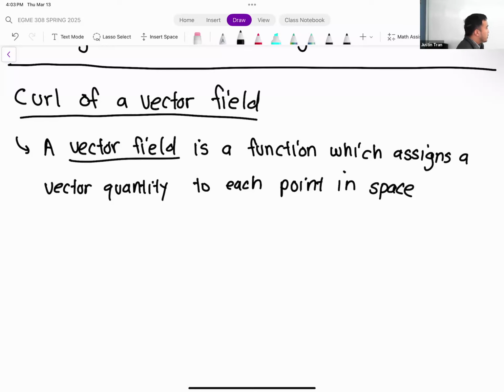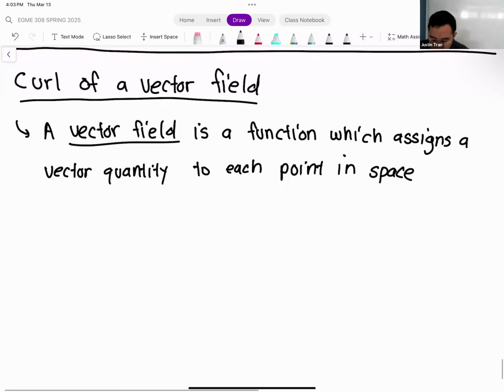So this entire unit here is all about multivariable functions. And so functions that have multiple variables. Usually our multiple variables are going to be basically physical coordinates. So X and Y, sometimes X, Y, Z. Okay. So a vector field is a multivariable function where at every point in space, we have a vector quantity.